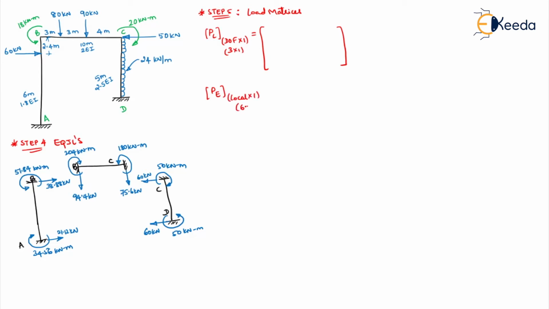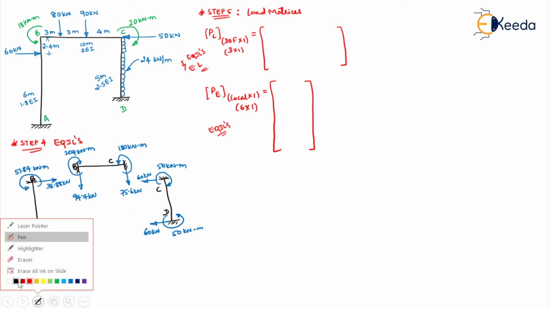So it will be 6 into 1 in this problem. Right, now let me write the values. See, when you're doing PL, what will you see? You will see your EQJLs and your external load. Here you'll see only EQJLs. That's important, right? So let me start writing.